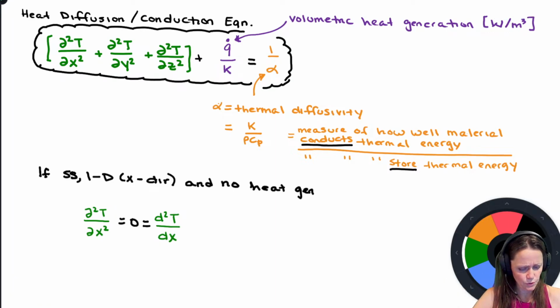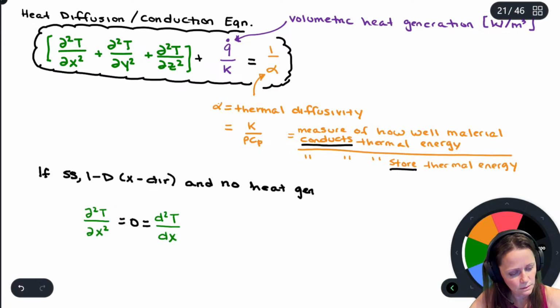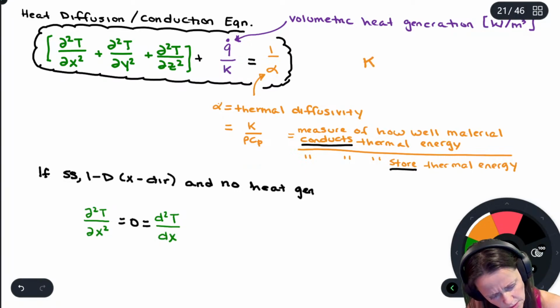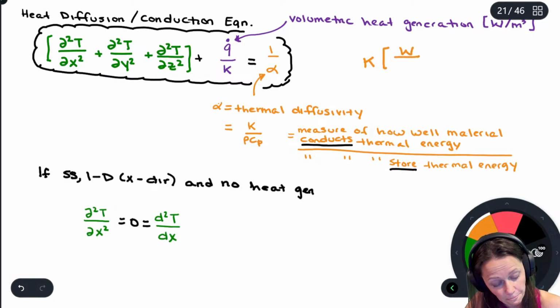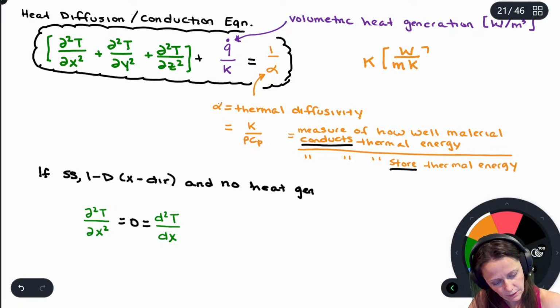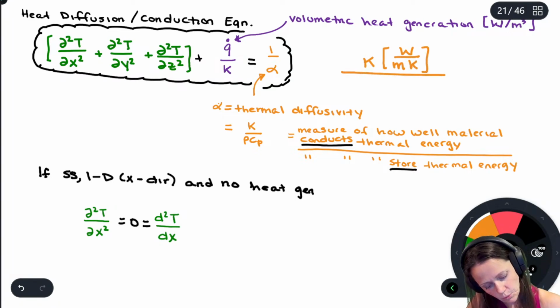So the units for thermal diffusivity, well, per second, I think. Well, let's think about it. So k is in watts per meter Kelvin.